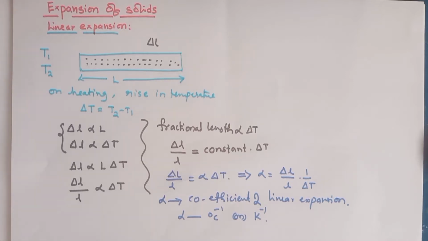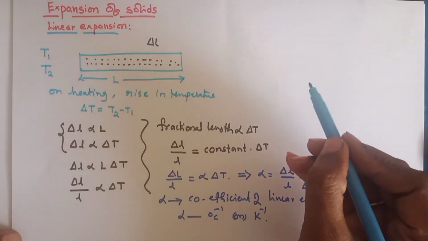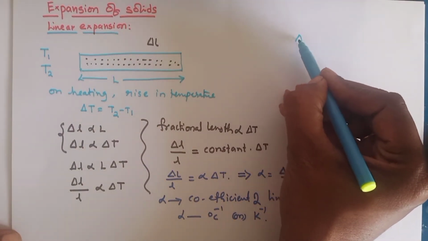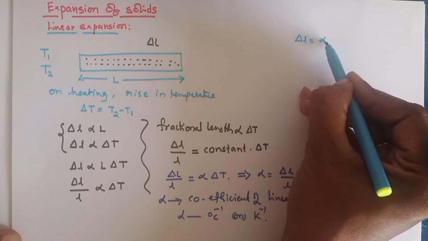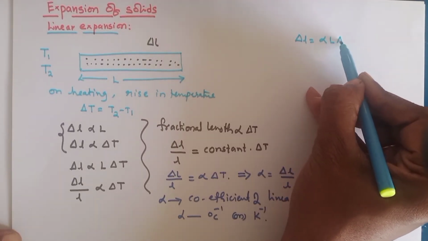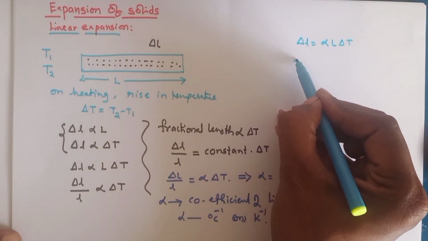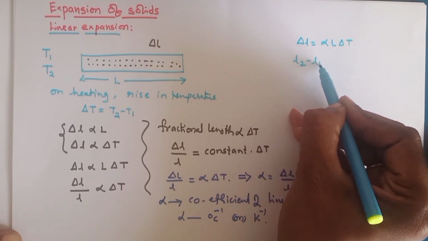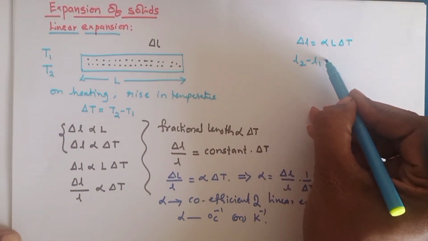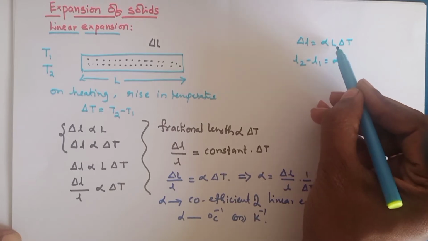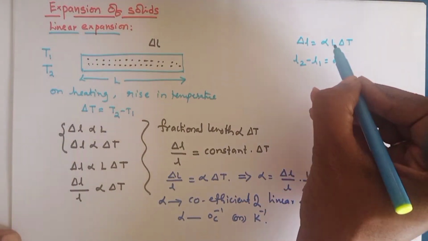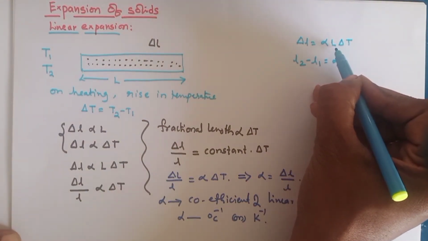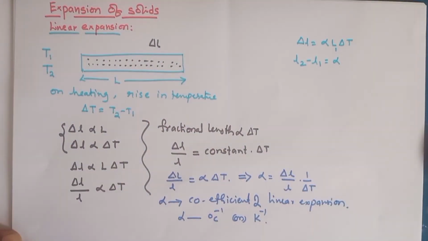In other terms, you can also write delta L is equal to alpha into L into delta T. L2 minus L1 is equal to alpha into delta T into L1, if you consider the initial length as L1.